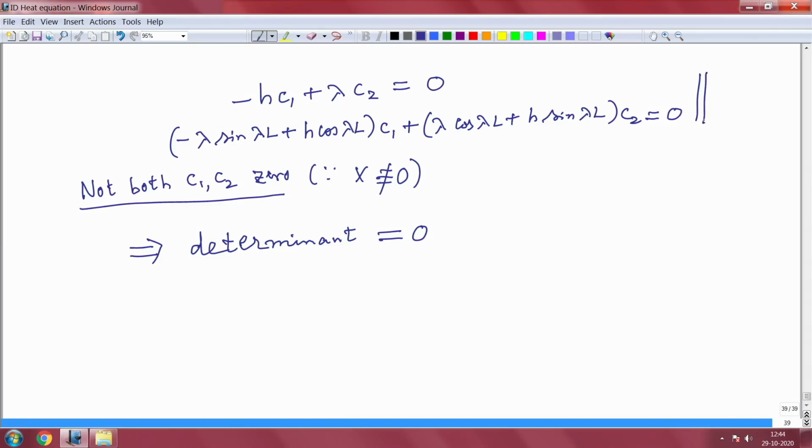And if you write down that, you already see some complication and these things are not explicit. So, 2h cos lambda L. So, you just compute the determinant and simplify it, equate it to 0.